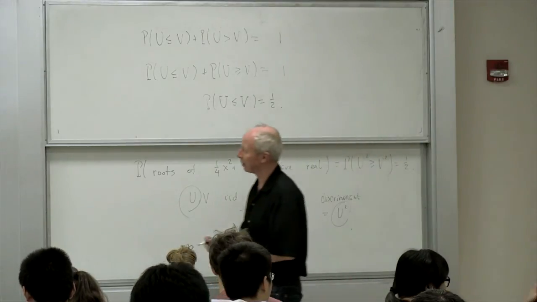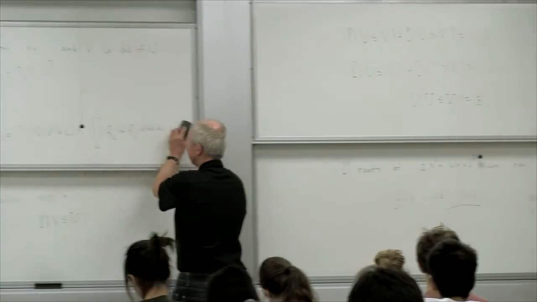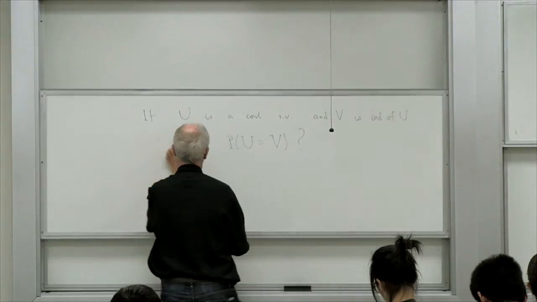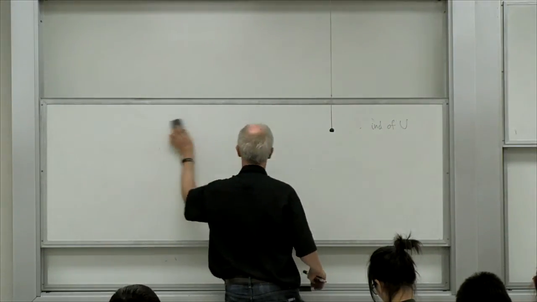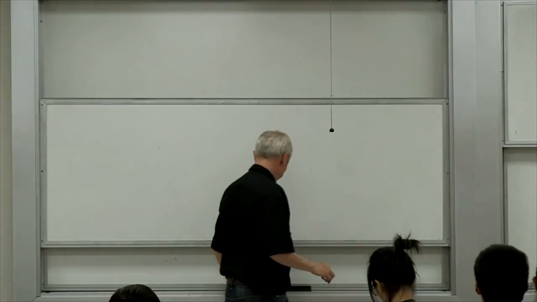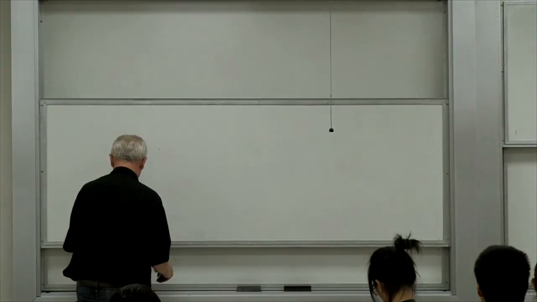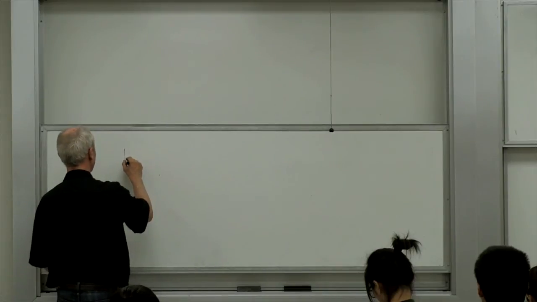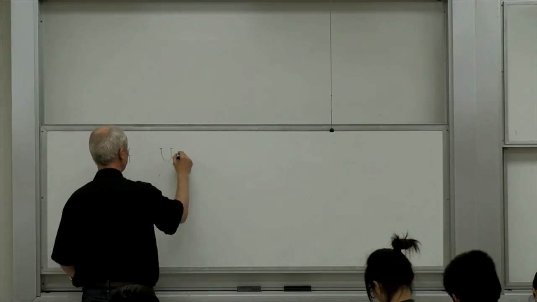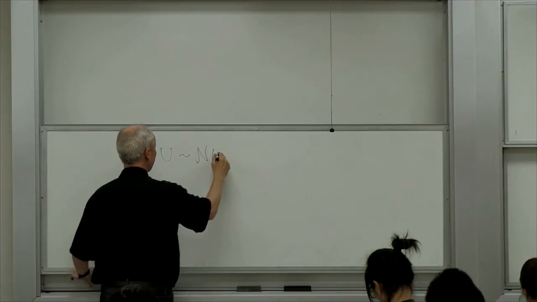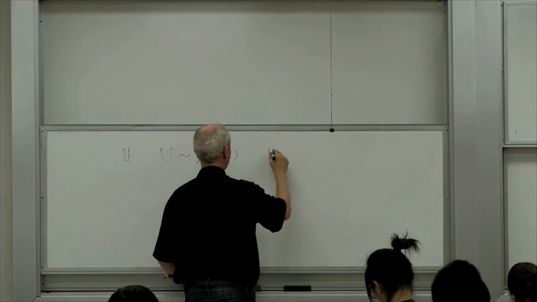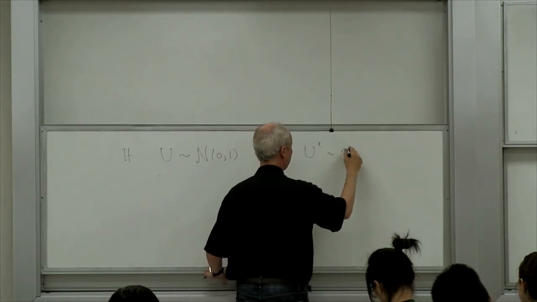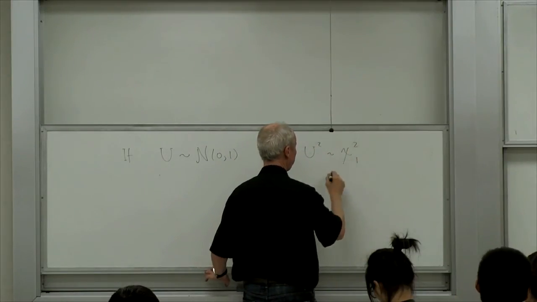So let me write that down over here. This comes up in sampling and estimations of variance. If U is a normal random variable with mean 0 and variance 1, then U squared is called chi-squared, and I'll put a 1 here.